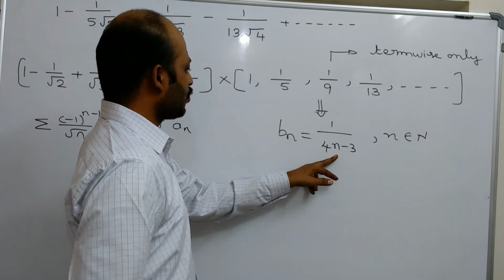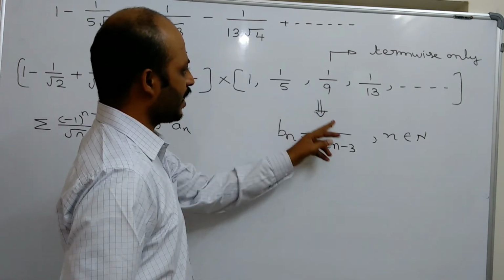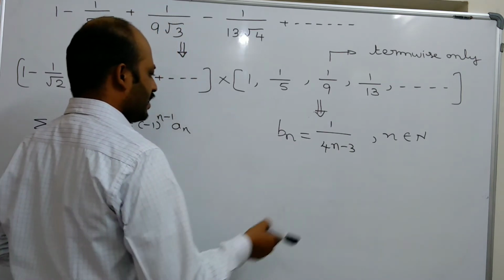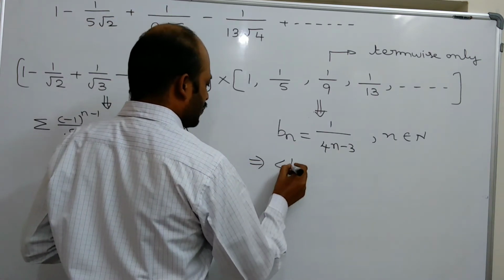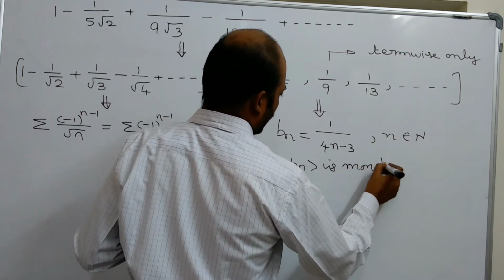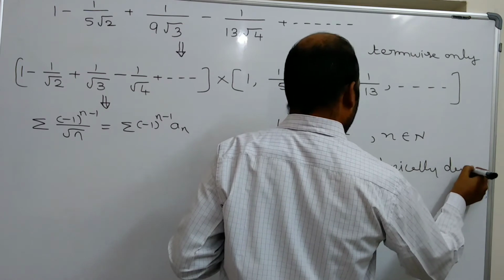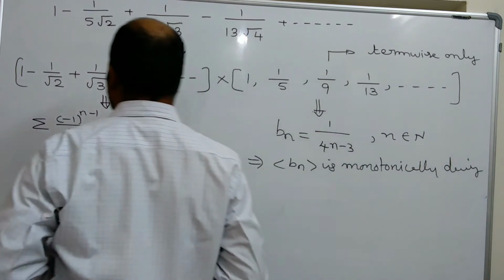Put n equal to 2, you get 1/5. Put n equal to 3, you get 1/9 and so on. So this is also very clear. The sequence Bn is monotonically decreasing, and it is clearly bounded below.